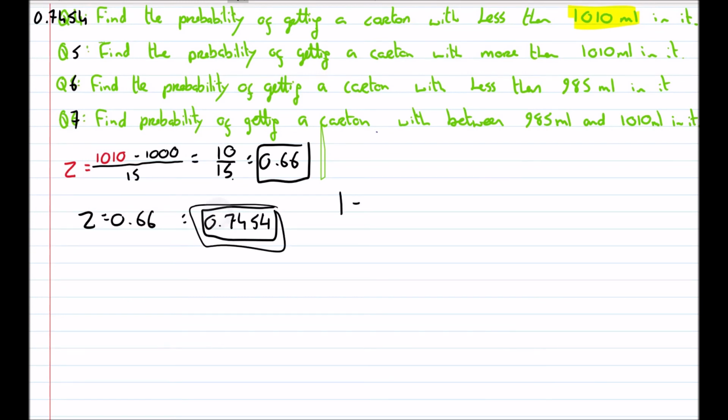So 1 minus 0.7454 gives me 0.2546. So that's my probability of getting a carton of milk with more than 1010 milliliters.